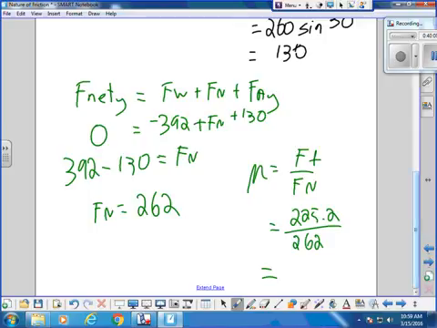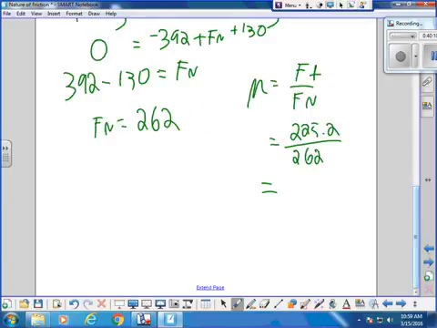Is it going to be less than 1? Yep. That should make you feel good because that's where it should be. If it was greater than 1, check your work. What if you messed up? Well, that's certainly possible. I've messed up many times before. How much? 0.86. Any unit? No units.